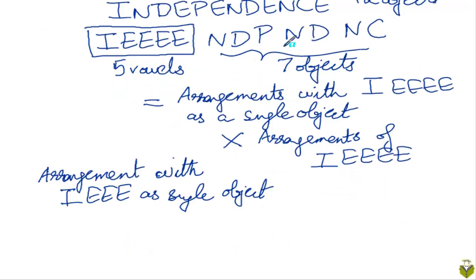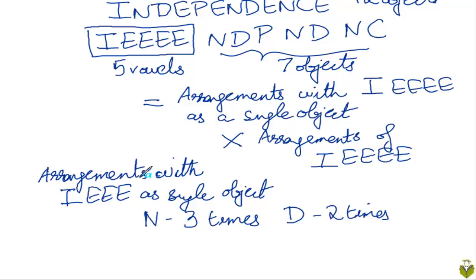If we look above, we have 7 objects and we consider this as one object, then we have 8 objects, right? 7 plus 1, and you have N repeated 3 times and D repeated 2 times. So the arrangements are equal to 8 factorial divided by 3 factorial and 2 factorial, right? So this is how we do this here.